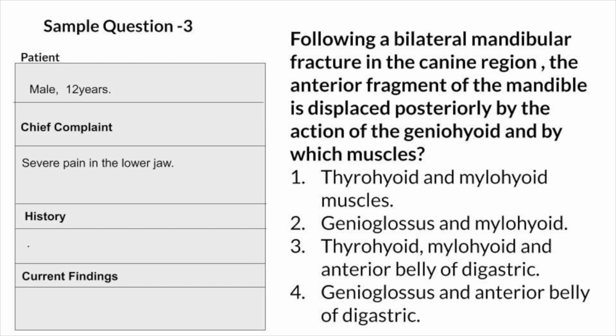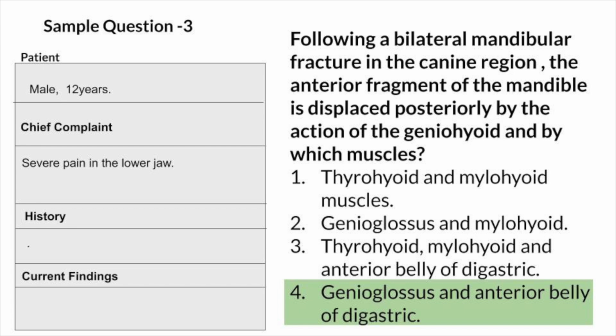Genioglossus and anterior belly of digastric. The fracture is in the anterior canine region, so the muscles attached to the anterior mandible are geniohyoid, genioglossus, and the anterior bellies of digastric.